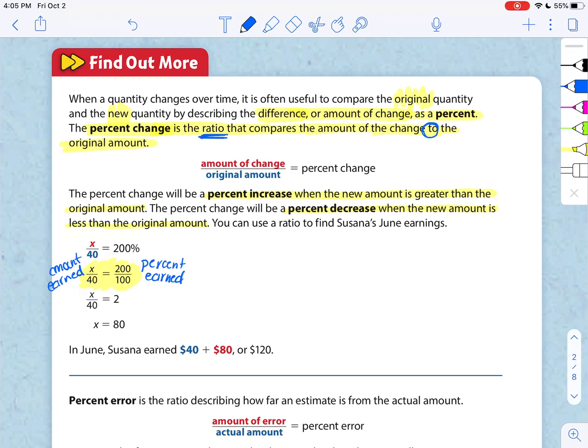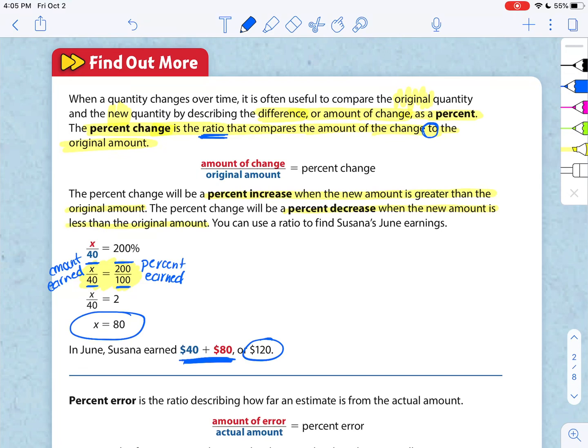So the 100% was what she made in May, $40. The 200% is what she made in June, and then we don't know how much she made in June. So we use that variable X to represent what we don't know. And then you can cross multiply and divide to get that $80. But it was an increase, so then you have to add that $80 back to the original to get 120.